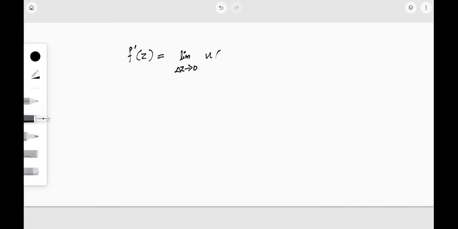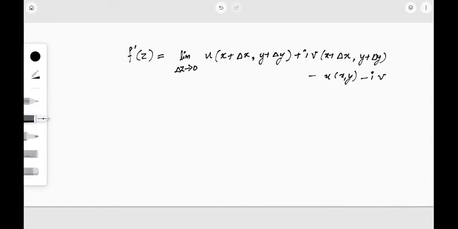So it will be u(x + delta x, y + delta y) + i v(x + delta x, y + delta y) − u(x,y) − i v(x,y). That is, wherever there is f(z), we replace it by u(x,y) + i v(x,y), and where there is delta z, we replace it by delta x + i delta y.